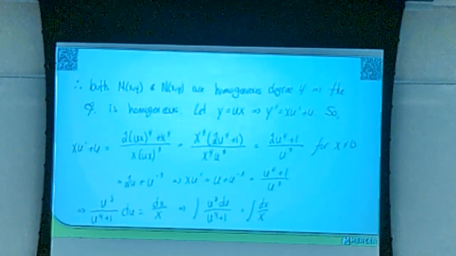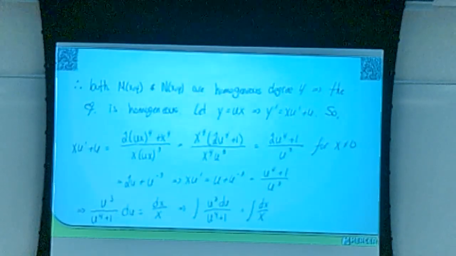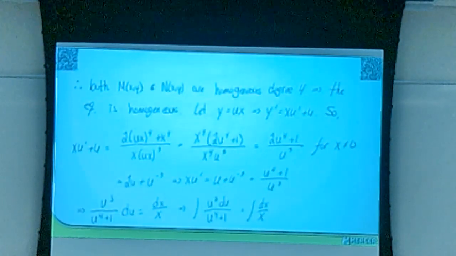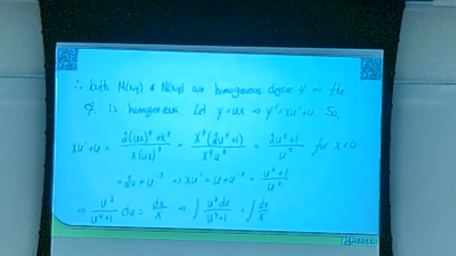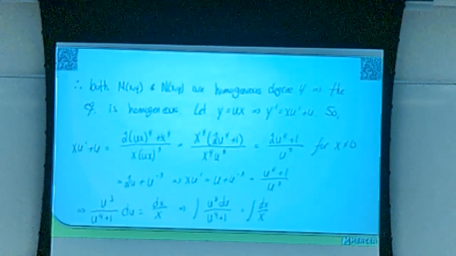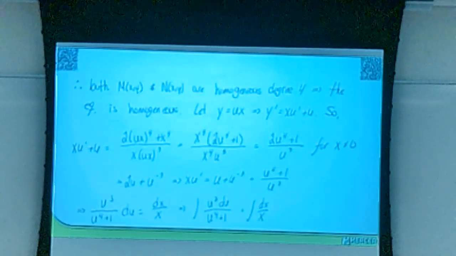How would you evaluate it? I'm not going to call it u sub in this case, but yeah. Change a variable. W sub. Not u because we're already using u.